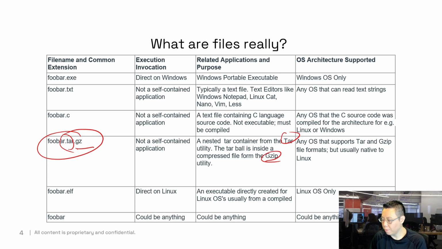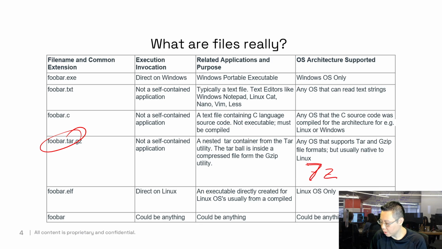But you can also use a third-party utility called 7-zip. 7-zip actually supports the tar and gzip formats together and can run on any major OS today, like Windows, Linux, and Mac. It's a really great platform and alternative to gzip.